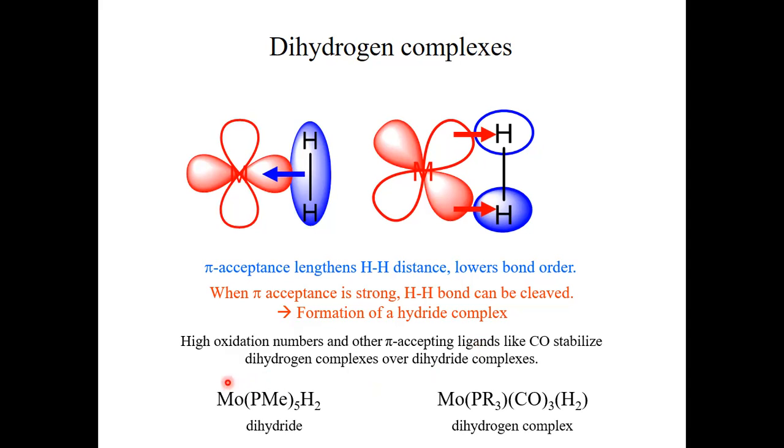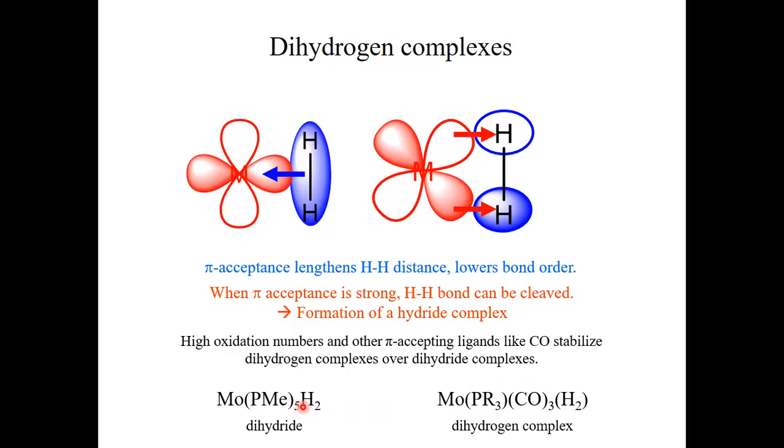Okay, so see here actually two examples. So this here is molybdenum penta-trimethylphosphine dihydride, whereas here you have molybdenum phosphine tricarbonyl dihydrogen complex.